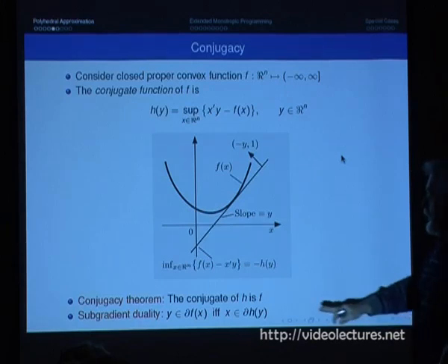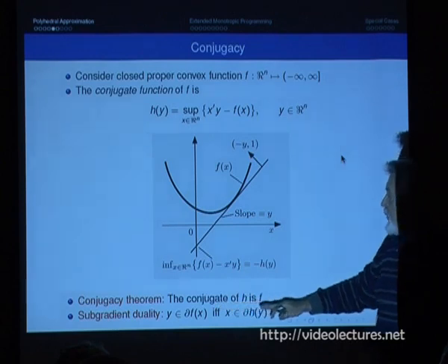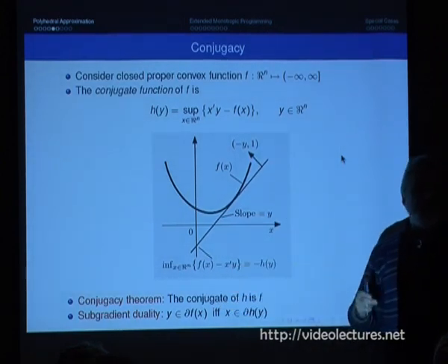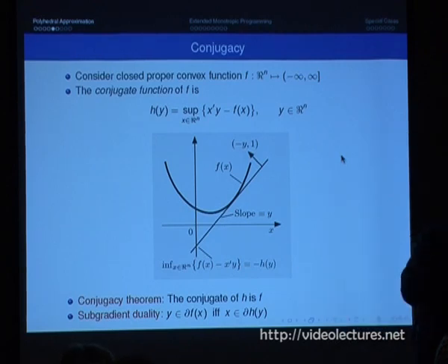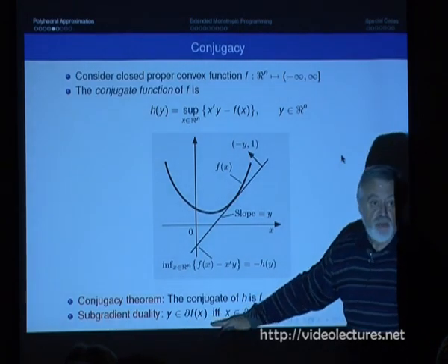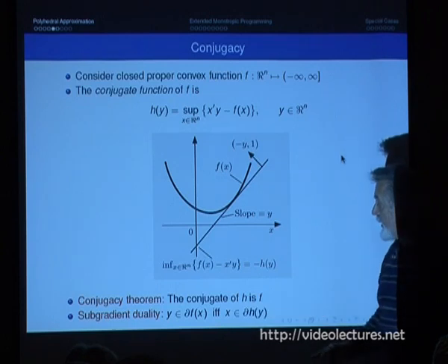The nice thing is that we have this conjugacy theorem, which says that the conjugate of the conjugate is the original. So no information is lost by passing to the conjugate. You can recover the original, and that's all nice and helpful. There's also another interesting relationship, which I'm going to use in my talk, subgradient duality.